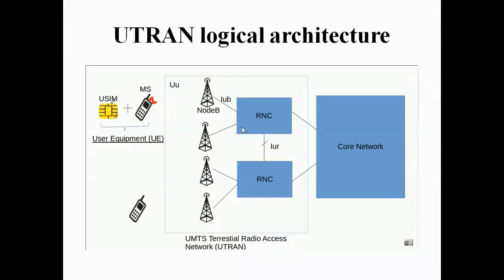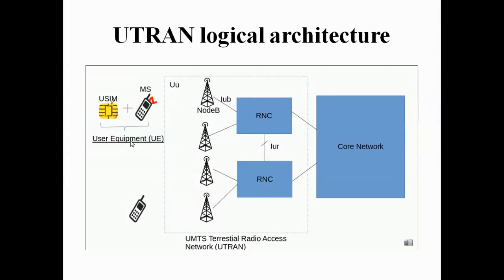In order to understand the logical architecture, here I have shown a pictorial representation. The first thing is the user equipment. Whatever devices we are using are called user equipment devices, in which we place the SIM card. Based on that we can confirm our authority.